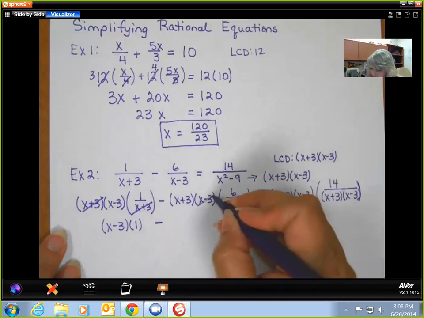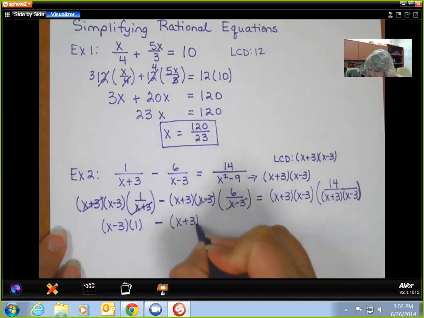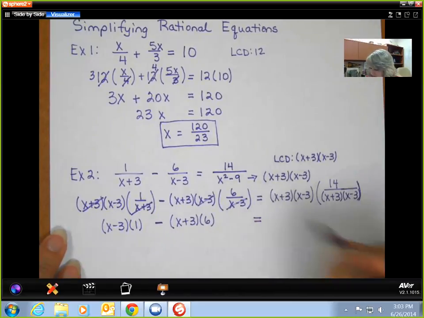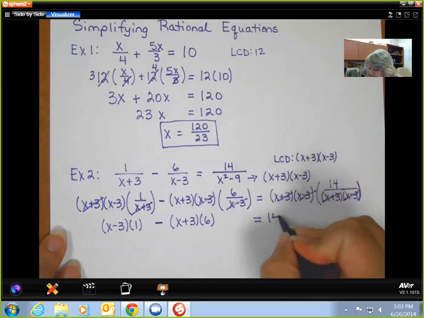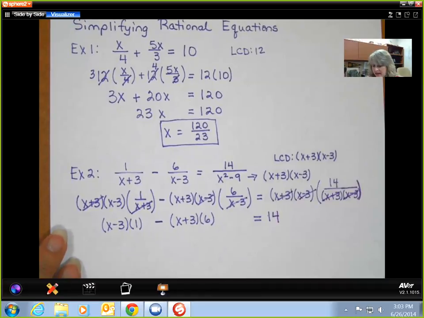So we cancel those, and that's going to be an x plus 3 times the 6 that's left over, equals, here the x plus 3's cancel, and also the x minus 3's cancel. So notice this just becomes 1. 1 times 14 stays 14. No fractions.